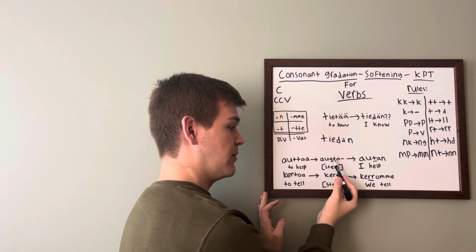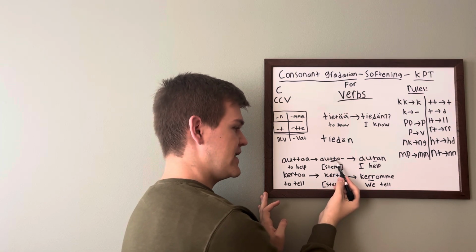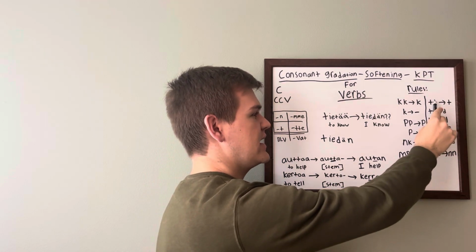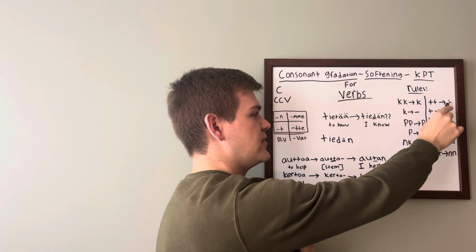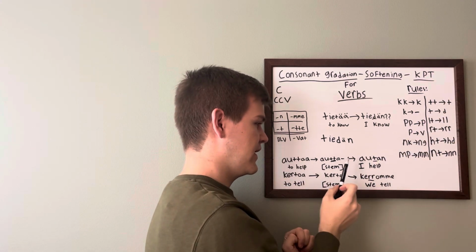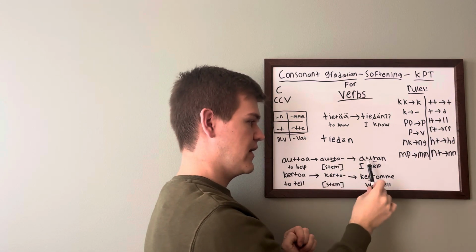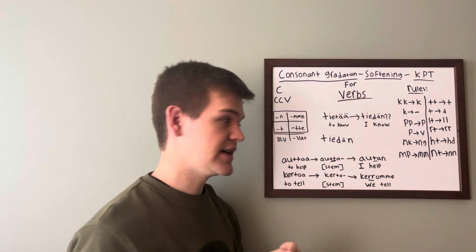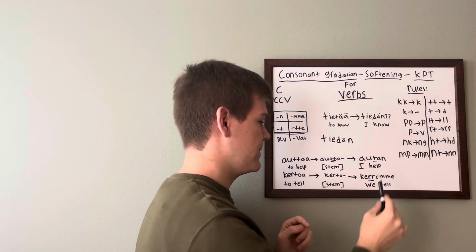We have to include both of them. So T, T. If we move over to our chart, we see that T, T goes to a single T. So auta, we add the N, we have to change the TT to a single T, which is autan.